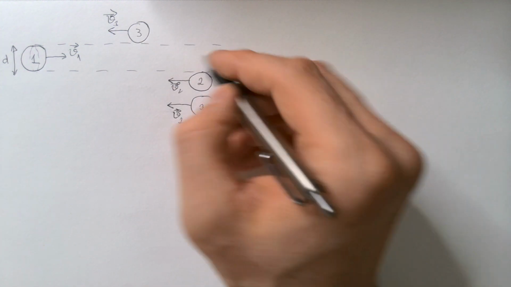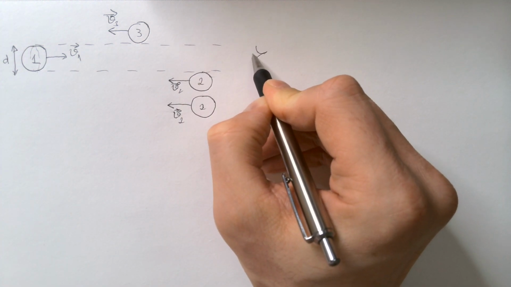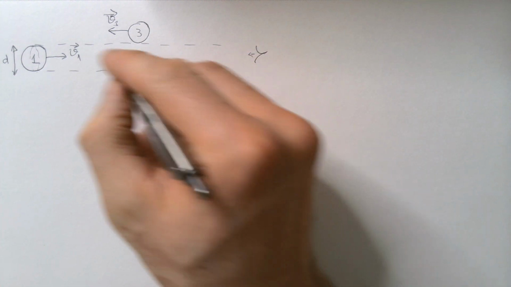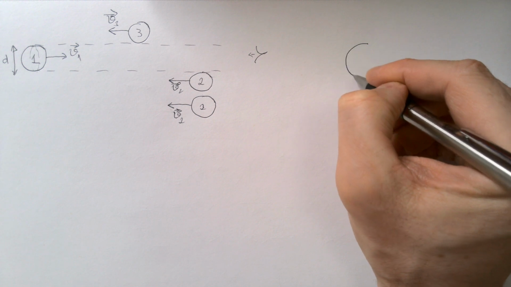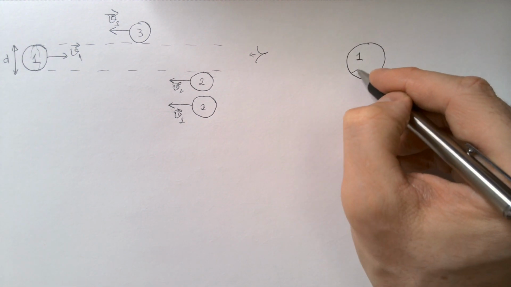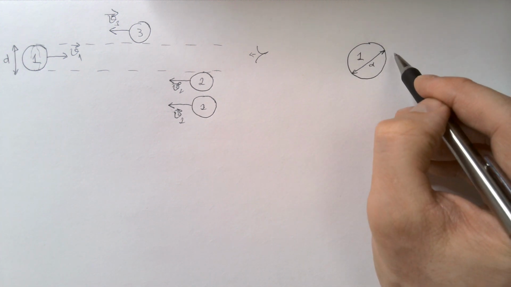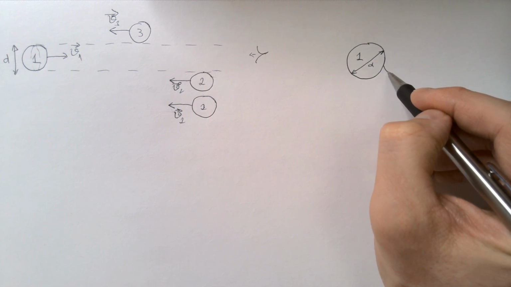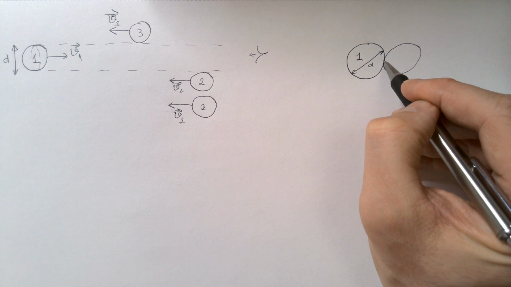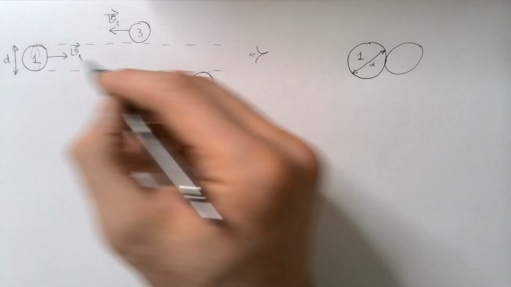So if we now observe this whole thing from this direction, you will see that there is this atom, which I will call the reference atom, my atom 1, that has diameter d, and it will only collide with other atoms that are touching it or are more in the line of the motion of this atom.